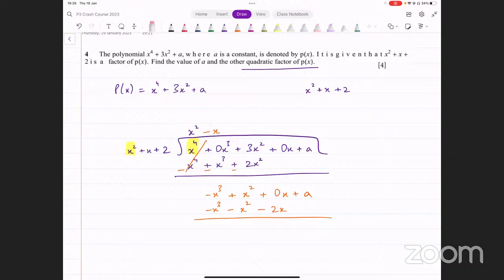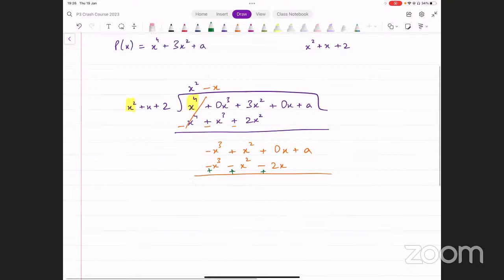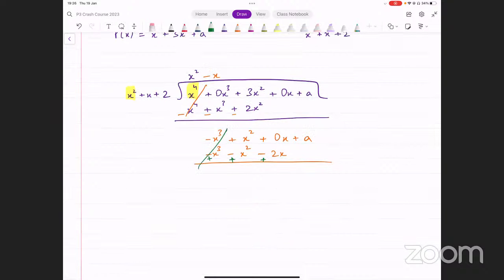Now change the signs again. This becomes plus, and this also becomes plus. This gets cancelled. x squared plus x squared, that is 2x squared. 0x plus 2x, that gives you 2x. Then you have plus a from here.